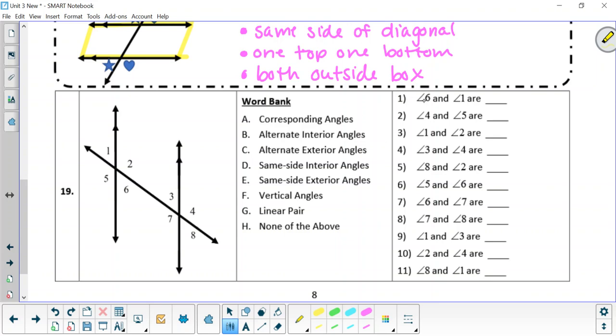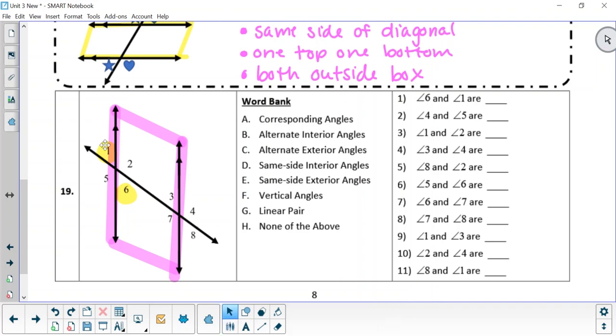So for number 1, we're looking at angle 6 and angle 1. Now, if I were to draw that box that we were talking about, connect my parallel lines, angle 1 and angle 6, one is outside, one is inside.